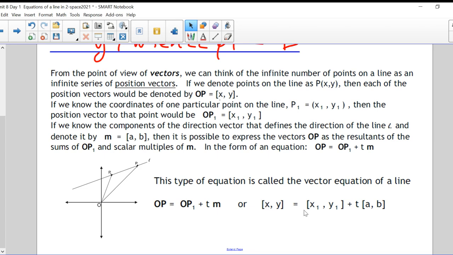It is going to be one point on the line plus some scalar multiplied by a position vector, AB, right? I'll show you what that looks like in a second. So there's some position vector that you're scaling with this t here, and you add that onto some other point on the line, some arbitrary point that's on the line. What does that look like?